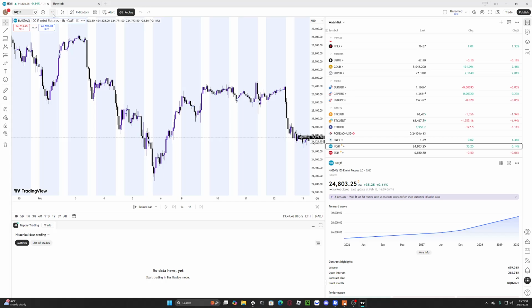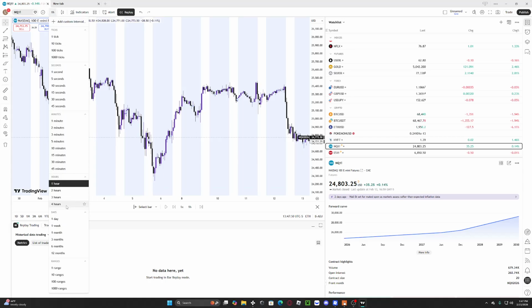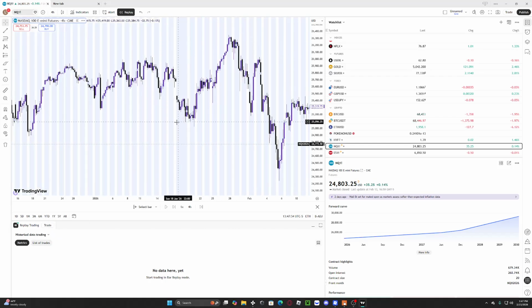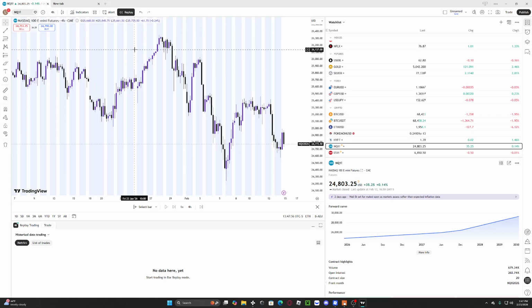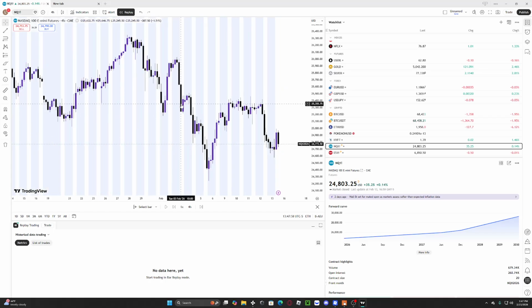What I start off doing is going to the longer time frame and looking for some sort of confluence to go off of, aligning with the intraday.